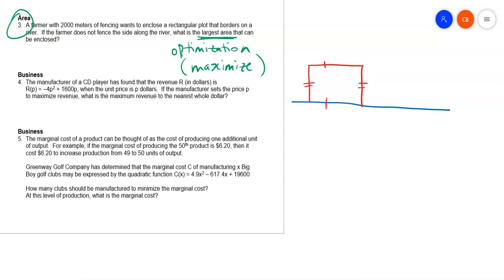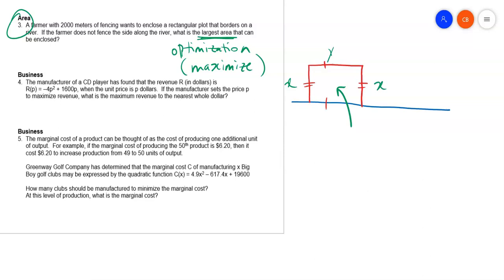We're trying to find the largest area possible. Since we don't know the lengths of these three sides, because there's no fence going along the river, we have three sides of fence, two of the sides are the same length, and the other side is a different length. So these two sides that are the same, we could call both x, and the side that's different, maybe we can call y.